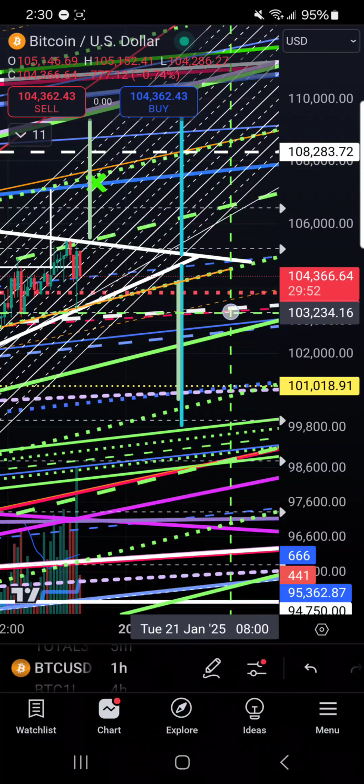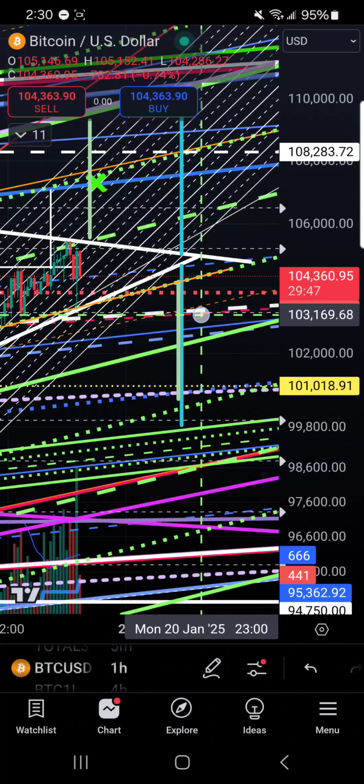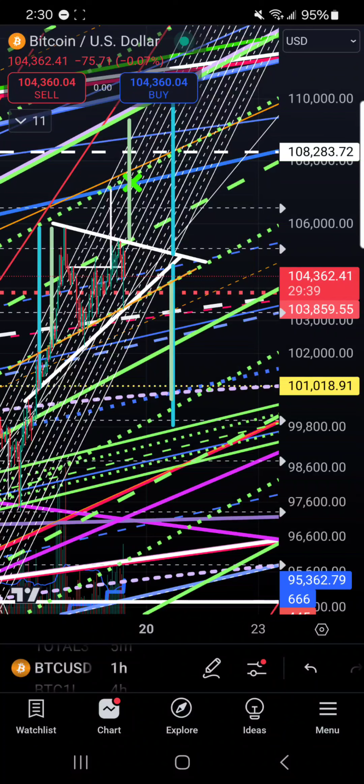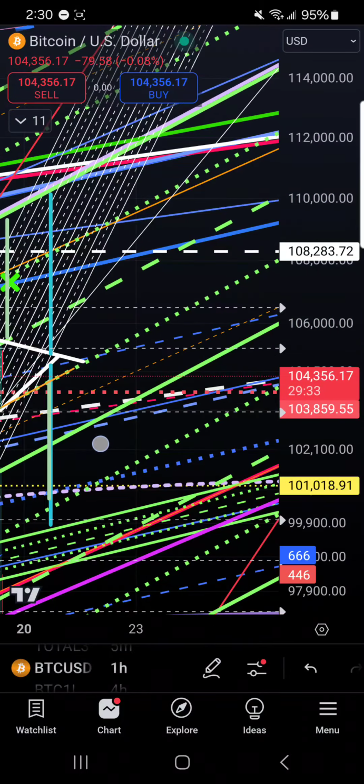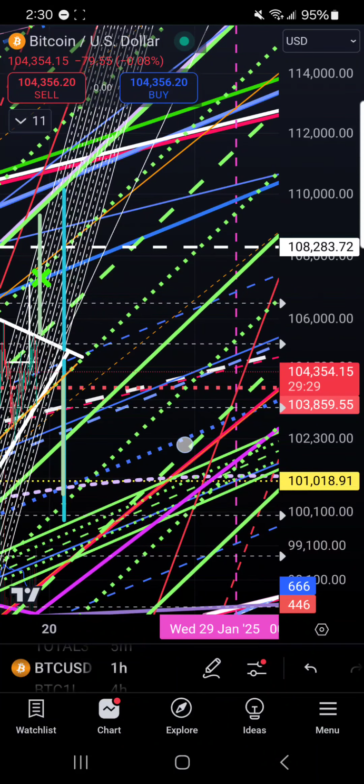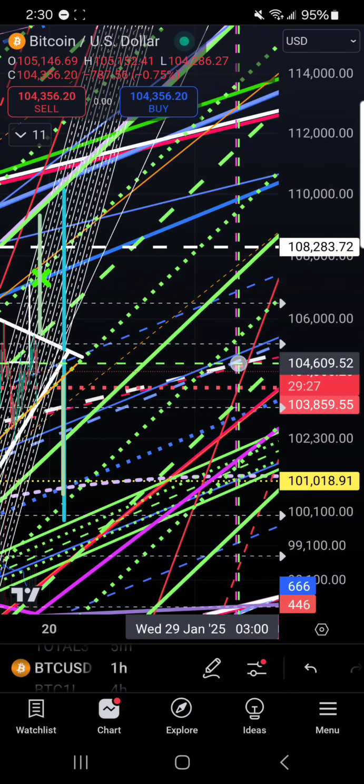I do think that we would try to hold the center line of the white channel here at about 100. Well, I remember now what I was saying: if we did rally upwards to 110, we would come back down and test the center line of the white channel over here into the FOMC meeting, perhaps.